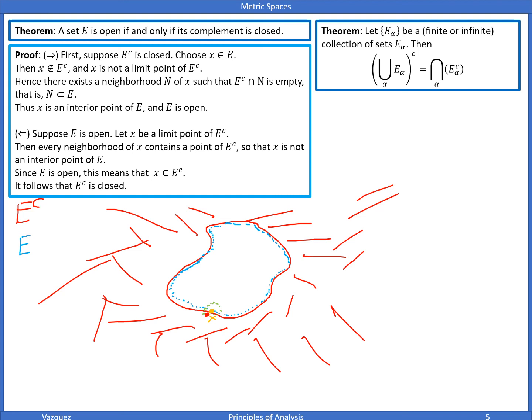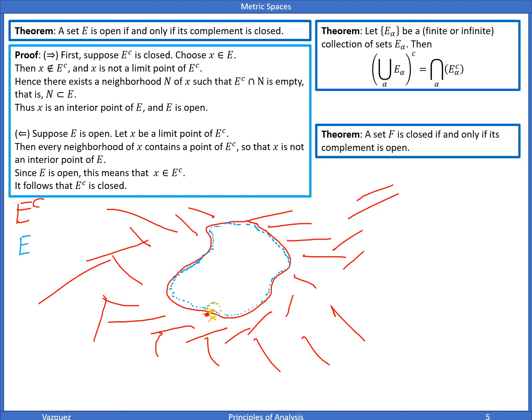Because X is not in E, it's in E complement, and it's a limit point of E complement, and again, arbitrary X. So E complement contains all its limit points, therefore E complement is closed if E is open. So again, we just showed both directions. Therefore, set E is open if and only if its complement is closed.